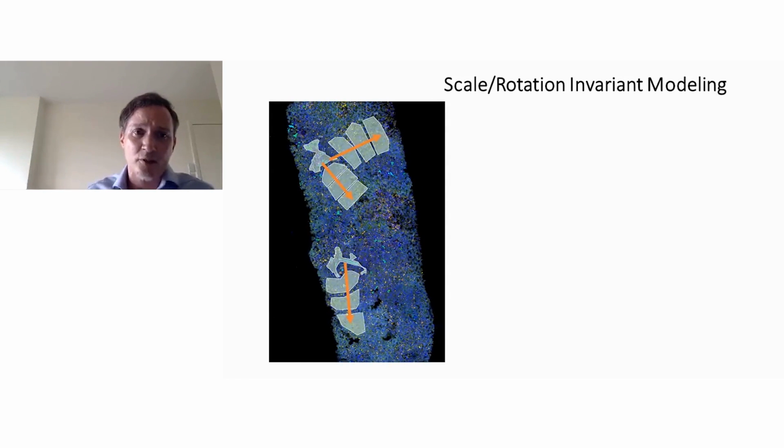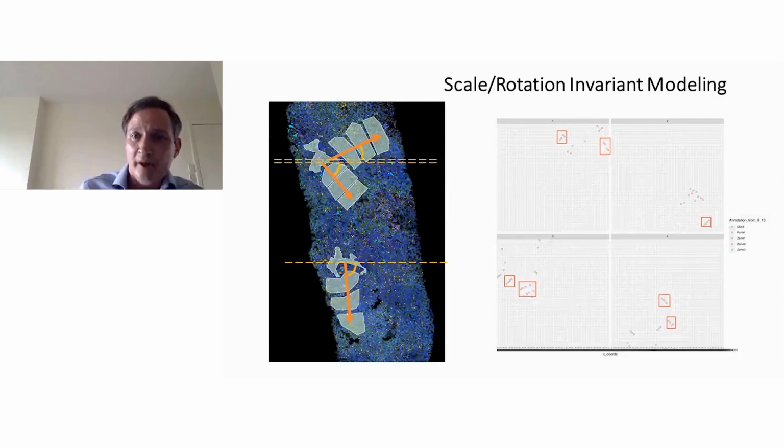If we see the zonation in liver, it creates two-dimensional vectors that have different orientation and different lengths. But because we also get the coordinate matrices for the ROIs in the tissue, we can apply scale and rotation invariant modeling. And that way, we can, for instance, model gene expression as distances from specific landmarks, regardless of scale and orientation. There are a lot of things to do on the image plus expression space.